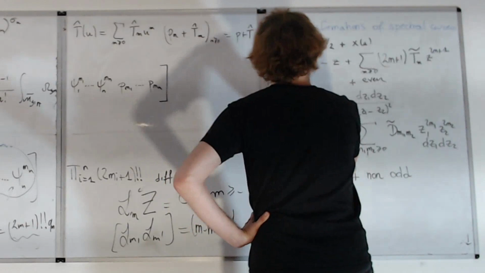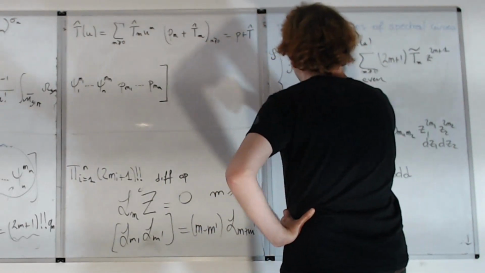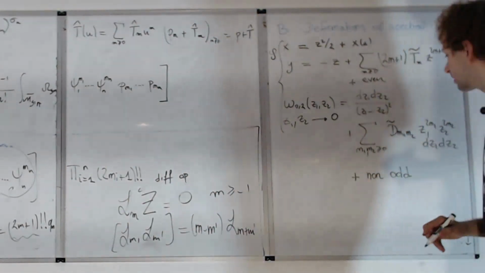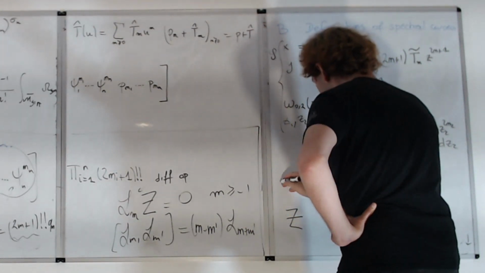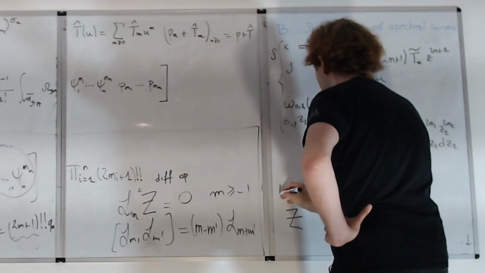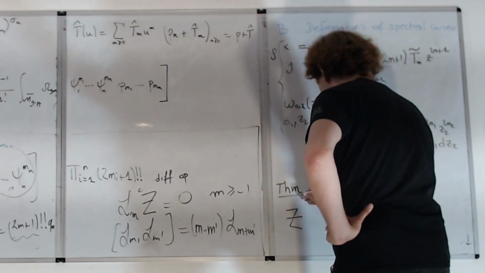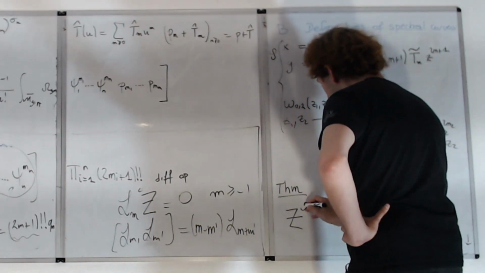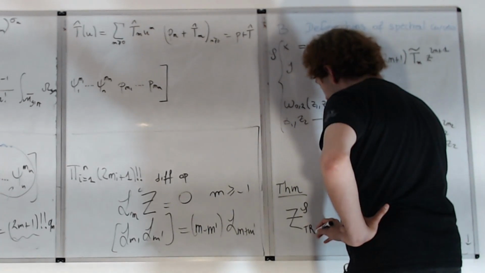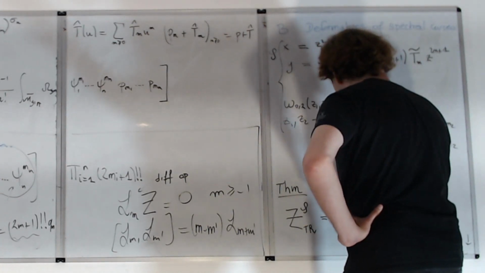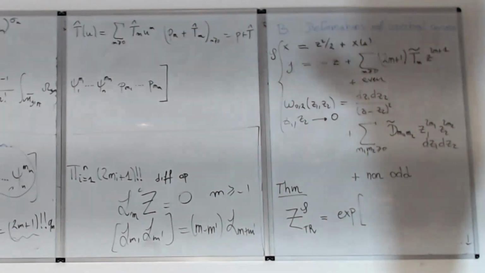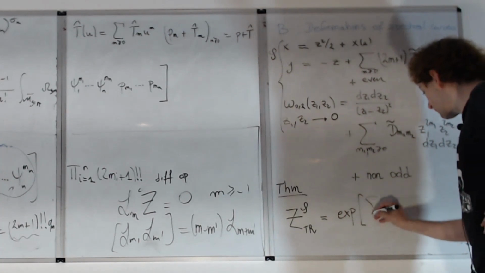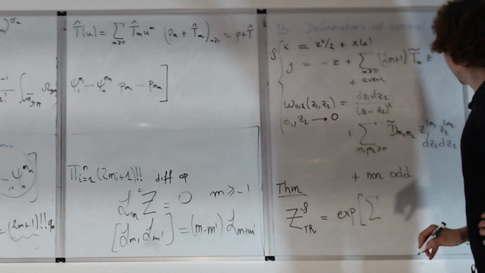Okay. So if I do that, spectral curve S, that's the most general one locally. The claim, so it's a theorem, is that the TR partition function for this spectral curve is a translation and a diffusion of the Airy spectral curve.